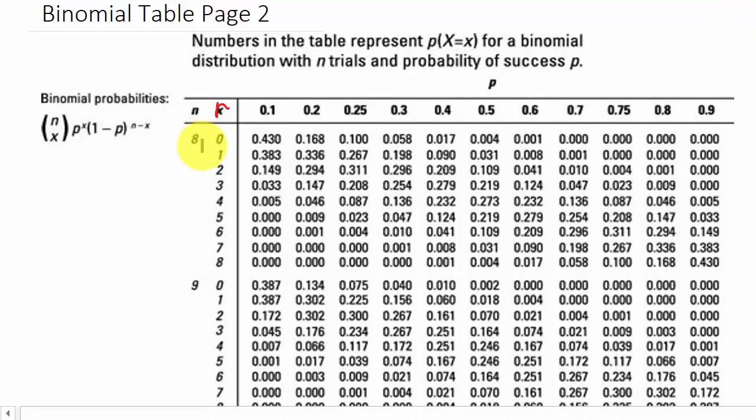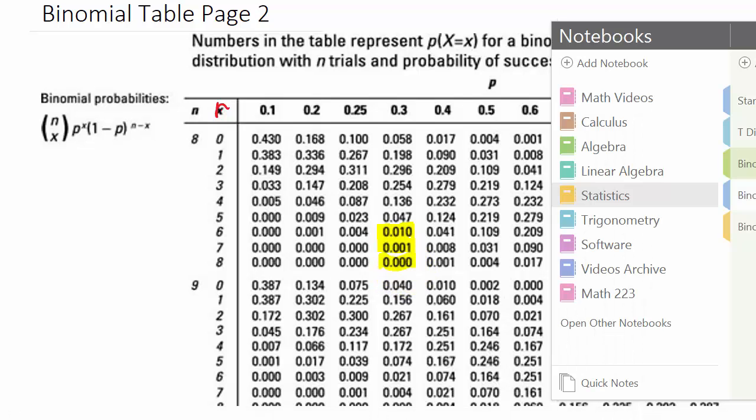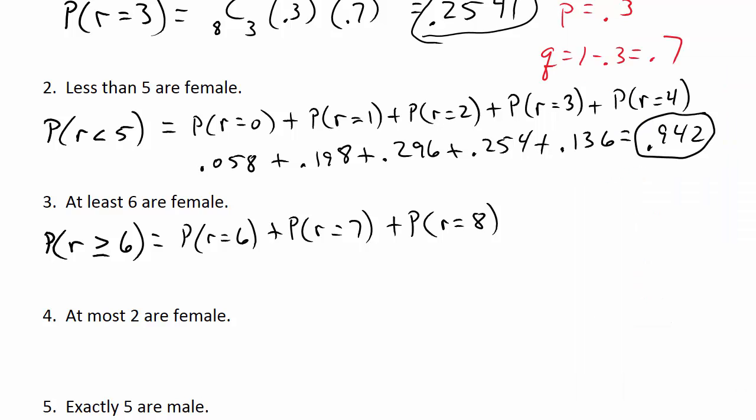So here's n equals 8, p equals 0.3, so we're on this column, and we need the probabilities when r is 6, 7, and 8. So that's 0.010, 0.001, and then 0.000. So let's go back to our problem.